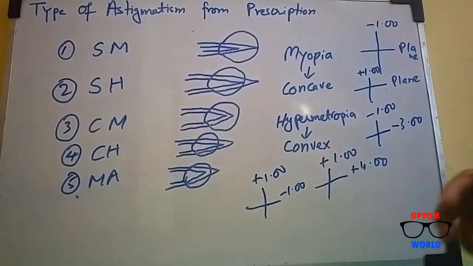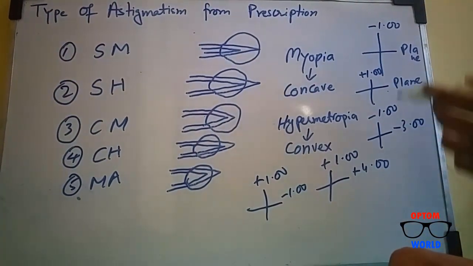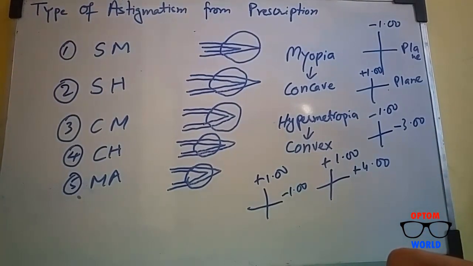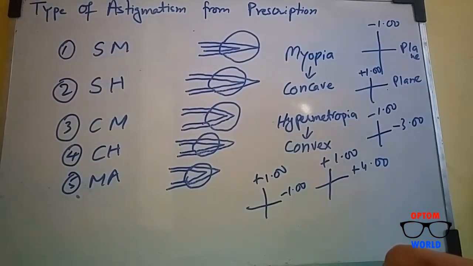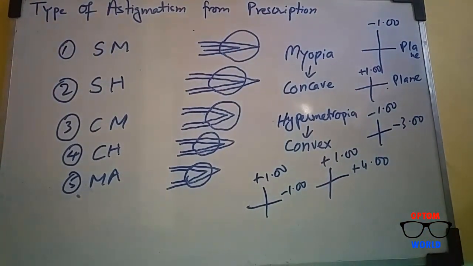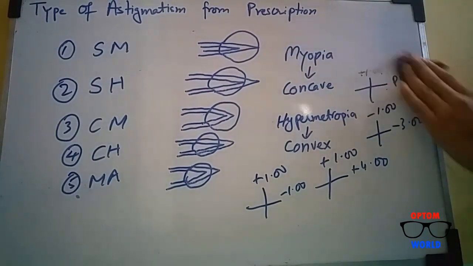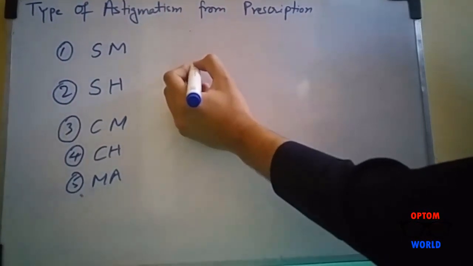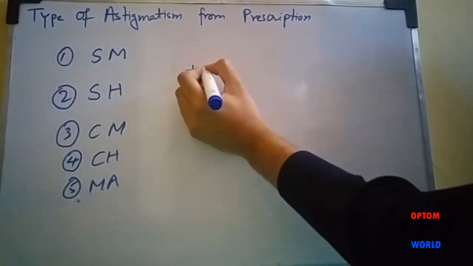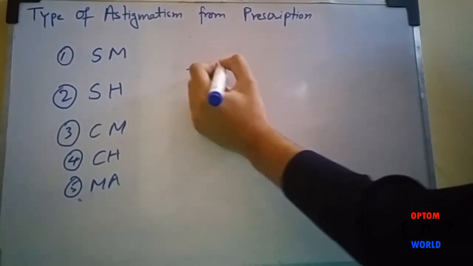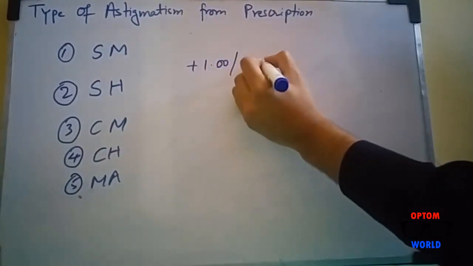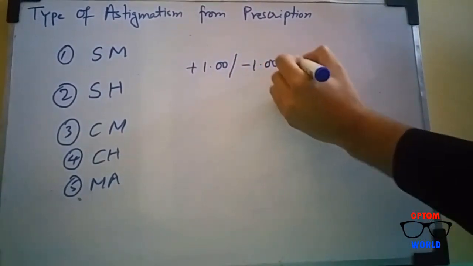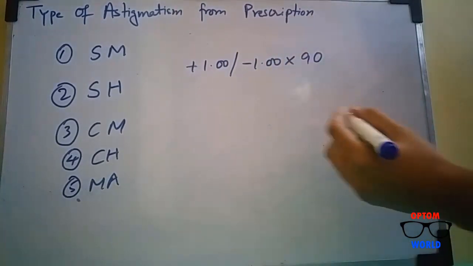So it means that by drawing the optical cross, we can determine the type of astigmatism. Let's take some examples. We have a prescription with +1 sphere with -1 cylinder at 90 degrees.